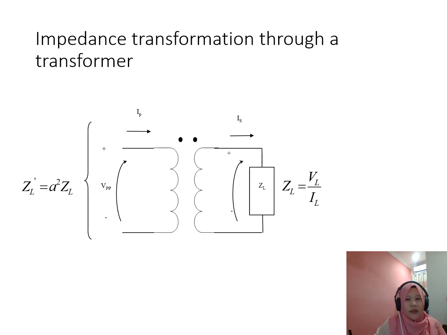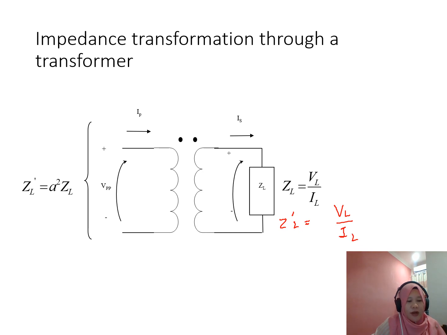To obtain the impedance transformation through a transformer, we know that Z load is equal to V load divided by I load. The apparent impedance of the primary circuit of the transformer, Z prime load, is equal to V primary over I primary.